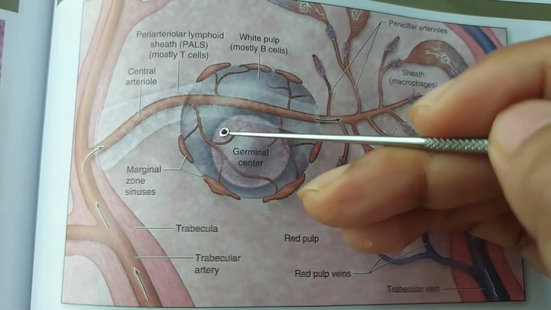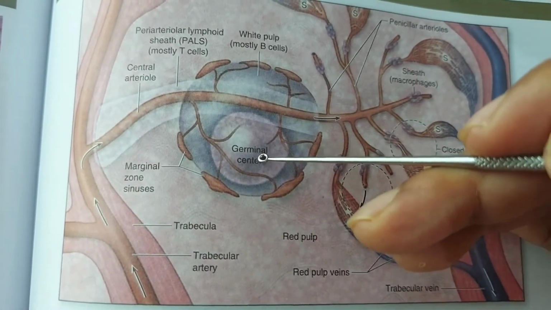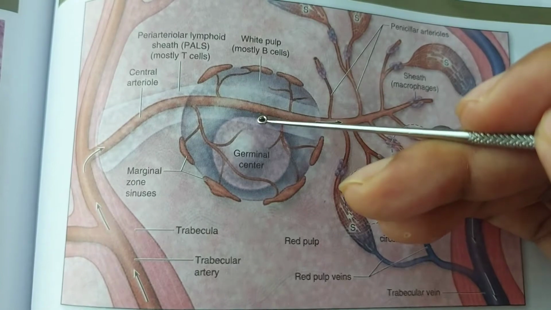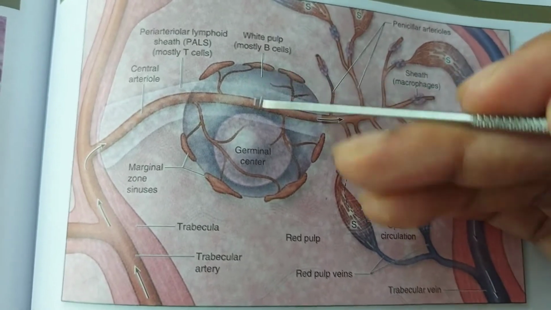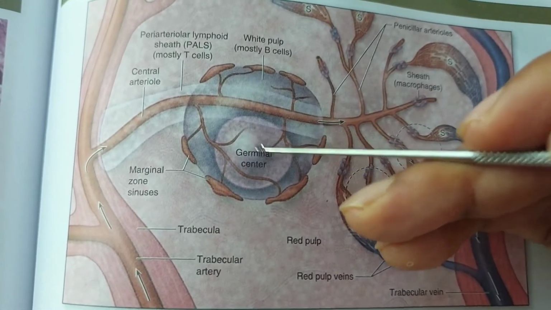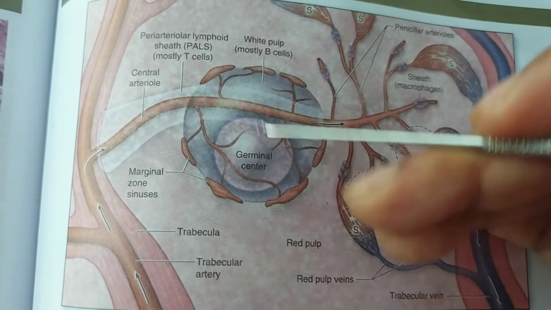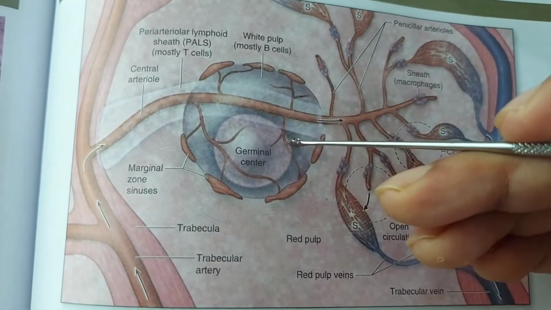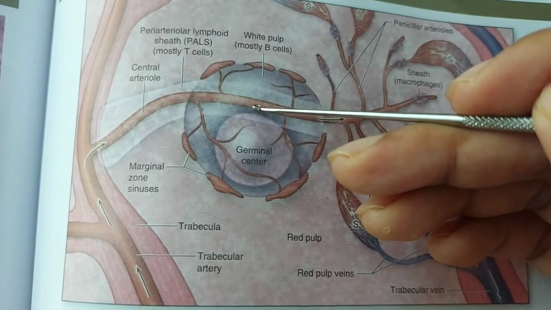When this germinal center is proliferating, it enlarges and pushes the artery to the side. If this germinal center is inactive, it remains small, and this artery will remain in the center part. So this is known as the central arteriole.